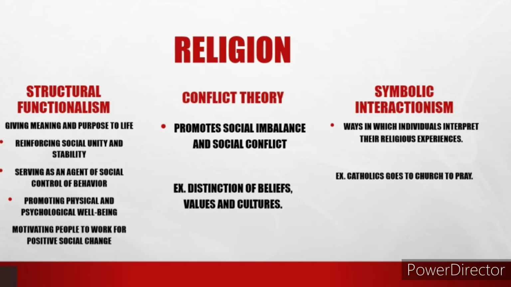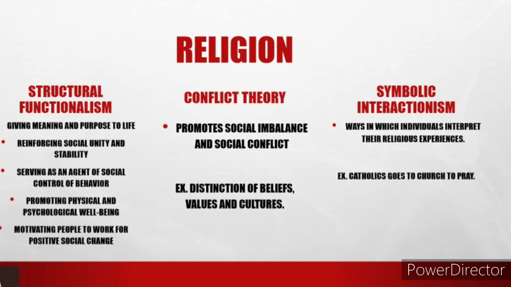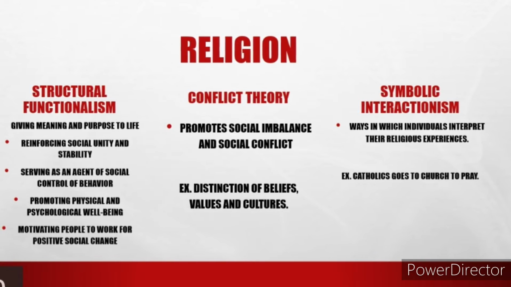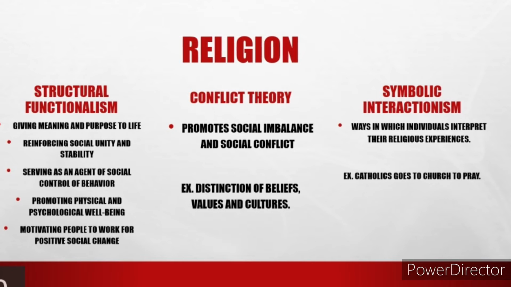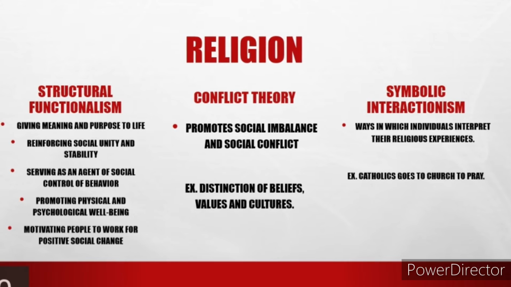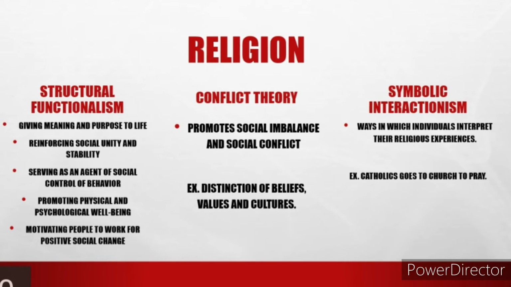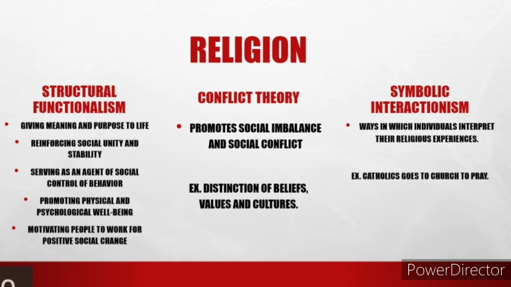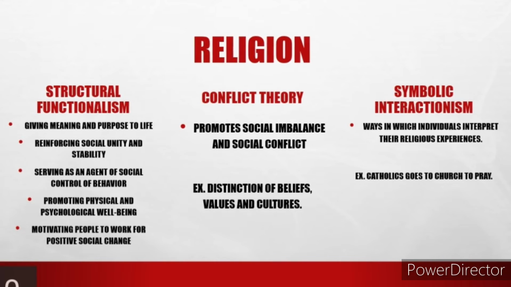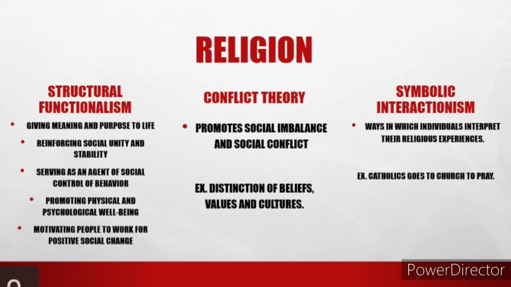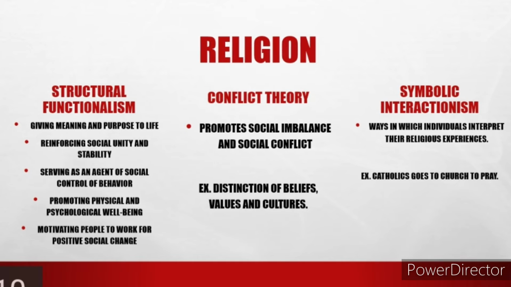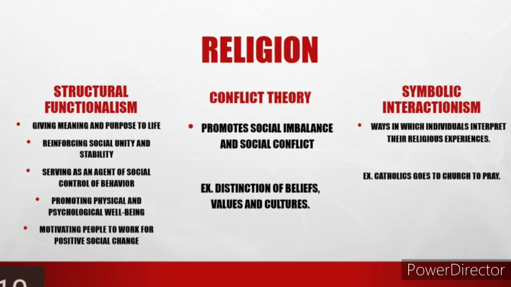In the conflict theory of religion, it promotes social imbalance and social conflict. For example, distinction of beliefs, values, and cultures. As we know, in religion there are many differences, many different beliefs. Those beliefs and values can cause discrimination against others. That is one of the conflicts in religion.